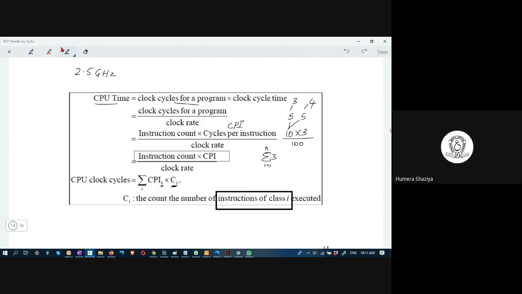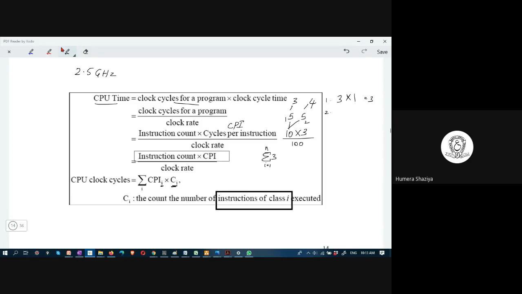To count the instructions, this sigma or summation is used. For example, first instruction, 3 cycles belonging to class 1. If you divide these into 2 classes, class 1 and class 2, this would be 3.